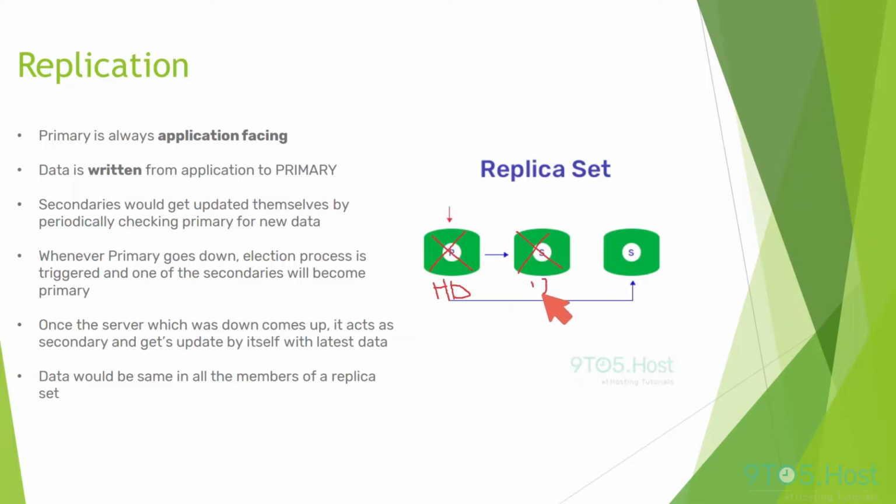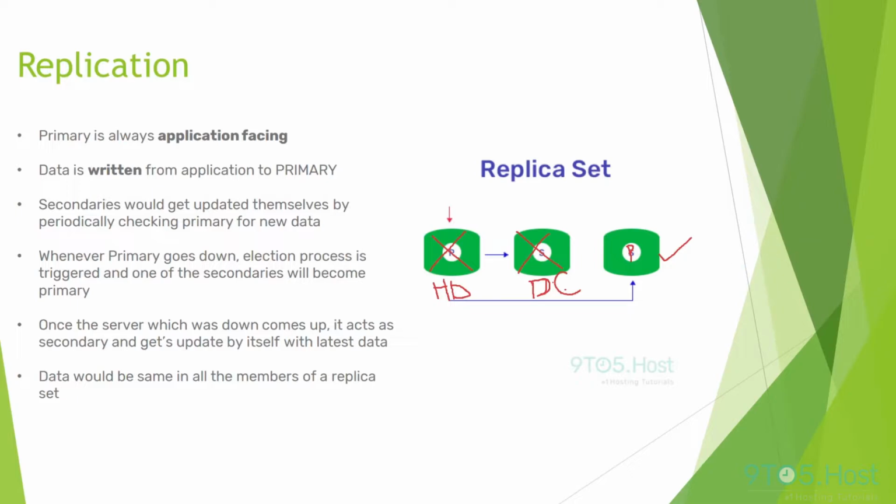Even in this situation, the only server which is currently live would turn to primary, and the application functionality goes smoothly. So as long as you have at least one server running out of all the present nodes, the application would function smoothly. This is one big advantage of using MongoDB.